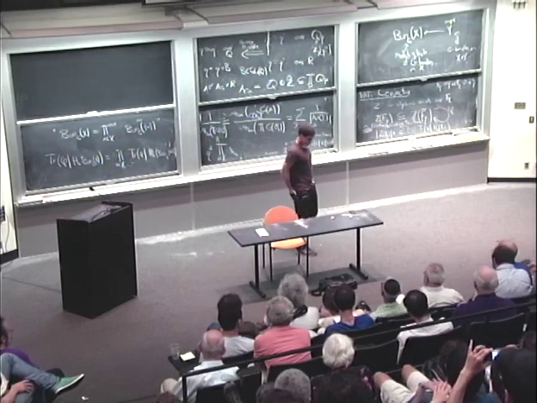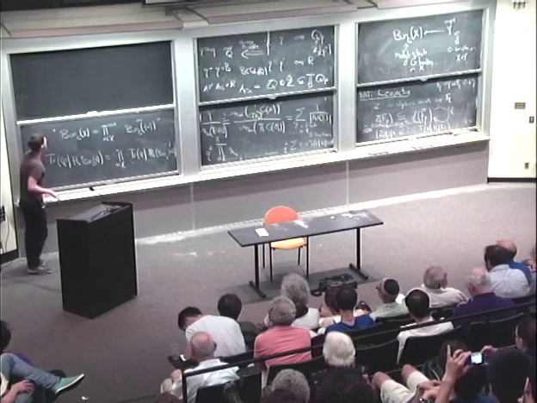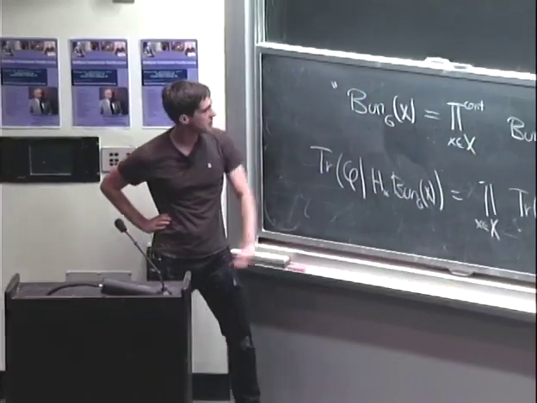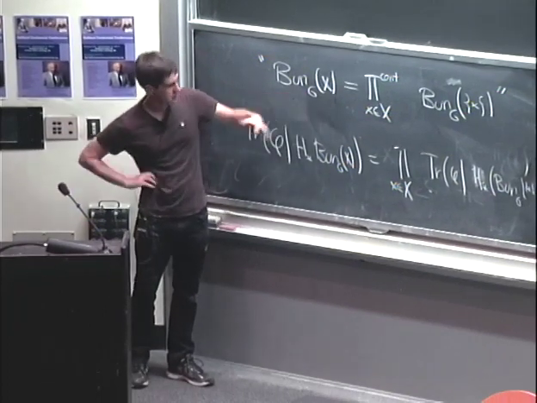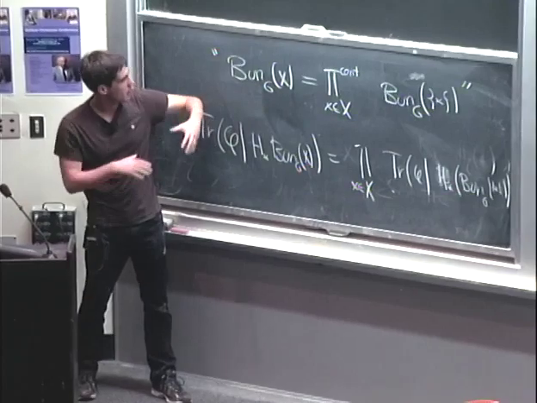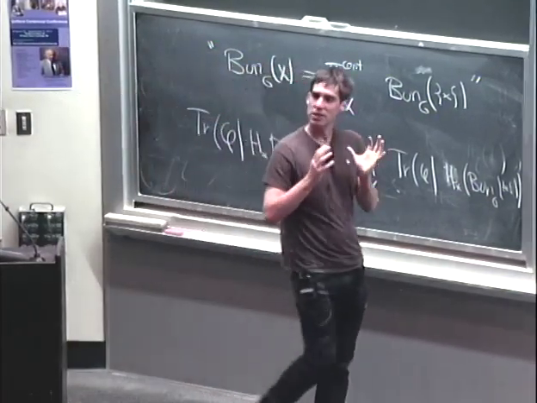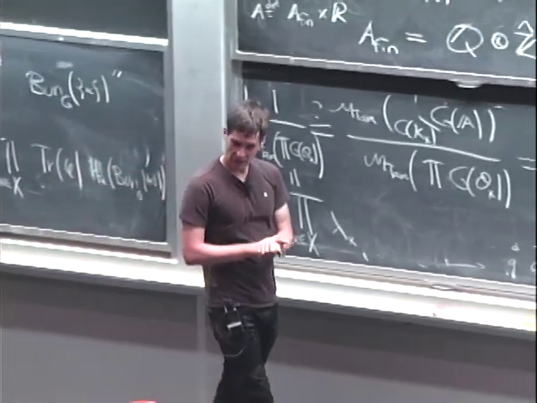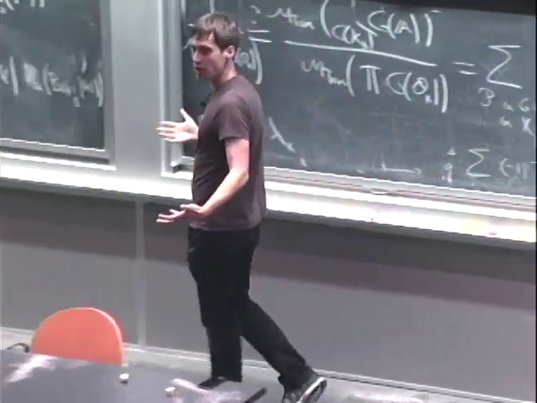I don't think so, because what's Bun GX, right? You should think of this as, if you think complex analytically, then this is like specifying a smooth G bundle with a holomorphic connection. And in one dimension, you don't have to say that it's integrable.